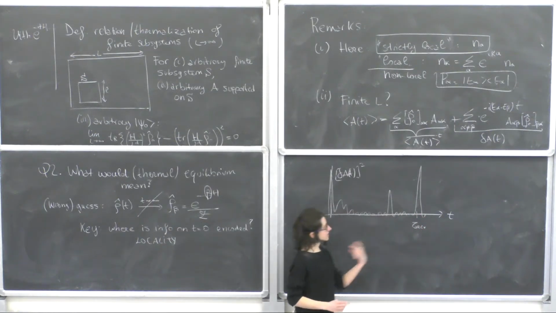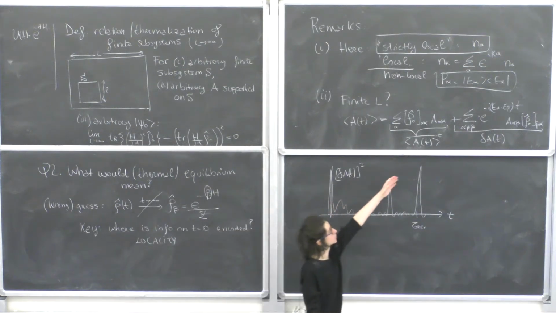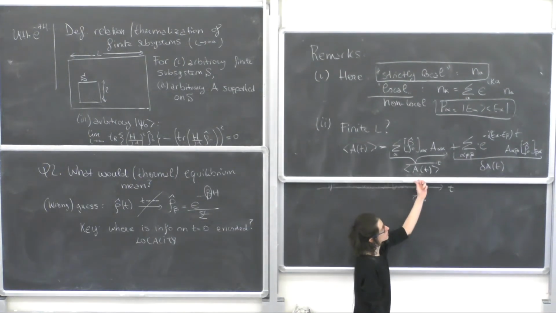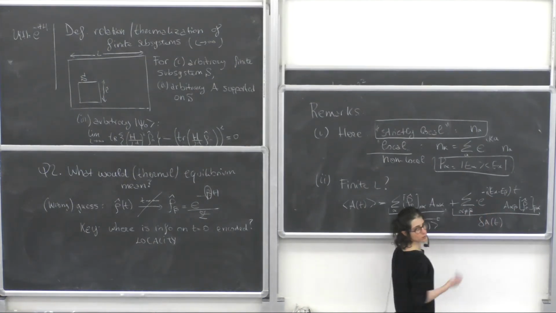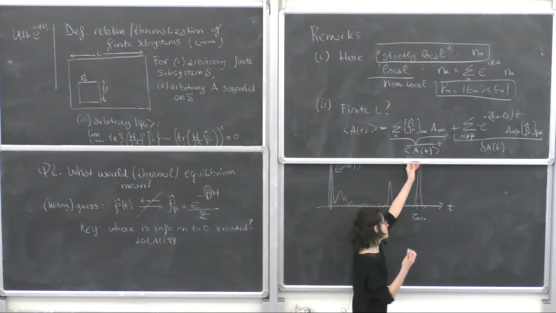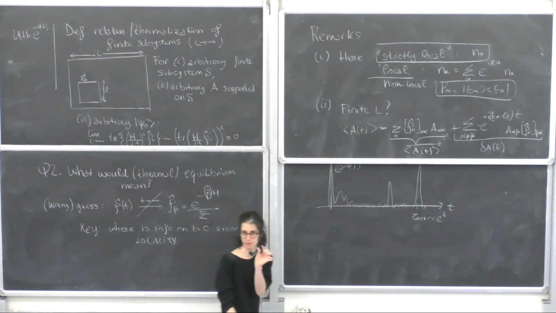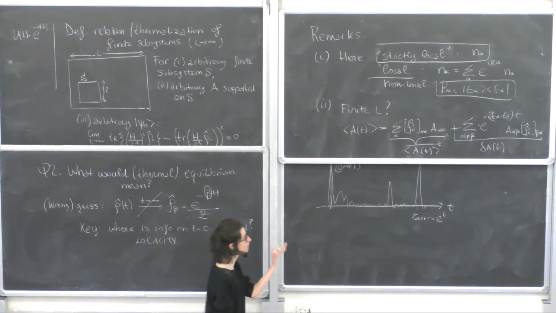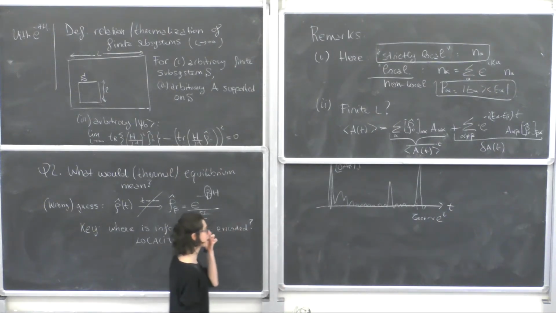The timescales over which you have these revivals, of course, depend on the spectrum of your system. These are times such that all of these phases become multiples of 2 pi, so you get a factor of 1. But you can argue that typically they go as the inverse of the gap in the spectrum, so they will go exponentially with the size of your system.